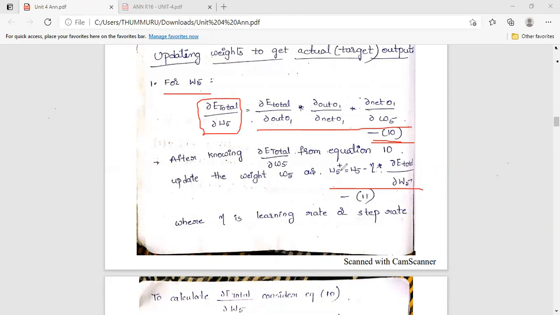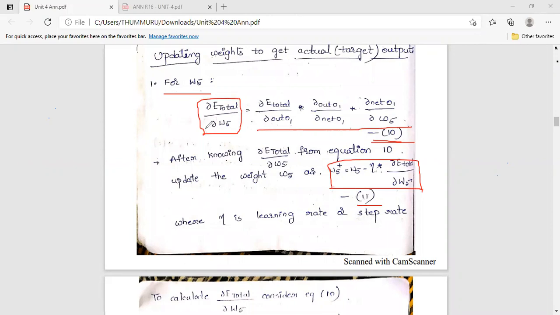W5 to the power of plus equals old W5 value minus eta, in the sense learning rate eta, into dou E total by dou W5. This is the final formula for updating the W5 value. This is step 11.